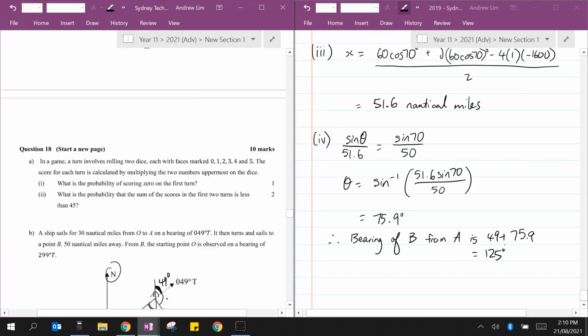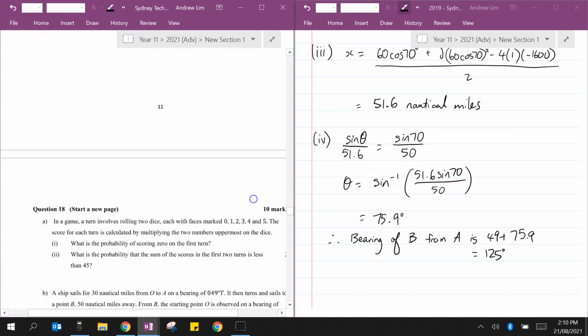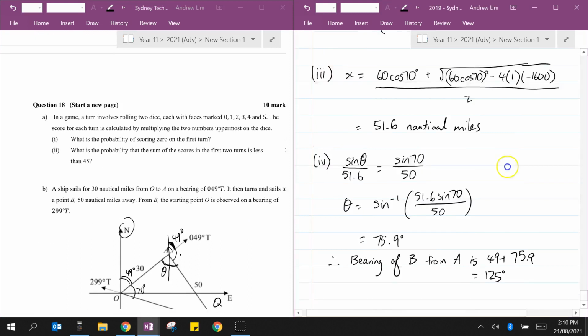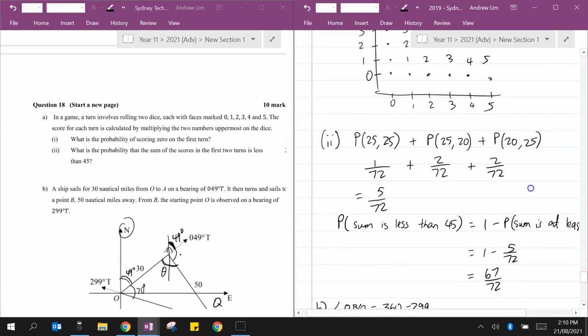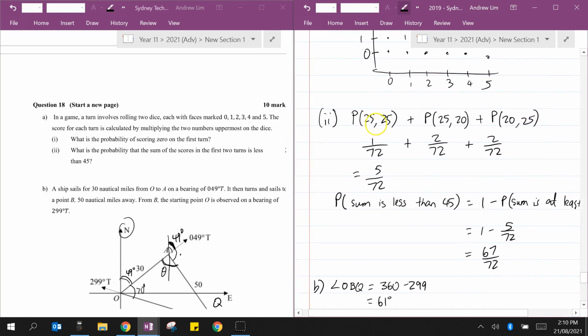Okay, now I think I made a mistake earlier with question 18 part 2. The probability of 25 and 25 is not 1 over 72, it's 1 out of 36 times 1 out of 36. This one is 1 out of 36 times 1 out of 36 as well, but there are 2 of them, so I can times that by 2. And same with this one, 1 out of 36 times 1 out of 36, but there are 2 ways of getting that.